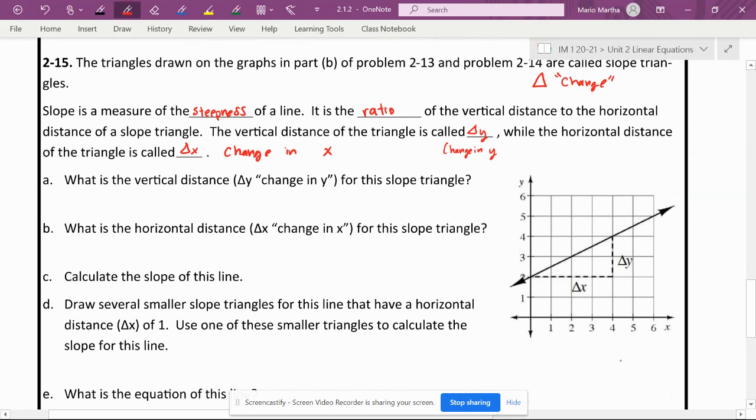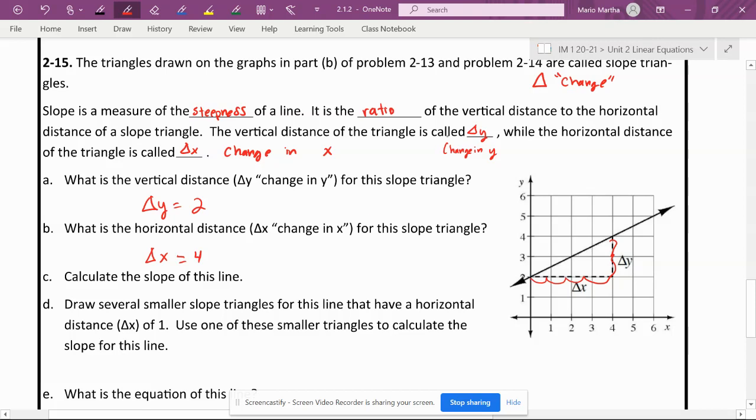If you go ahead and start counting, you'll notice that we're increasing by 2 in this case. So delta y equals 2. Delta x, the horizontal distance: again, you start counting, 1, 2, 3, 4. It happens to be 4. And then they want us to calculate the slope of this line.